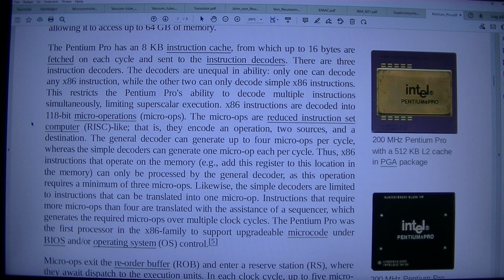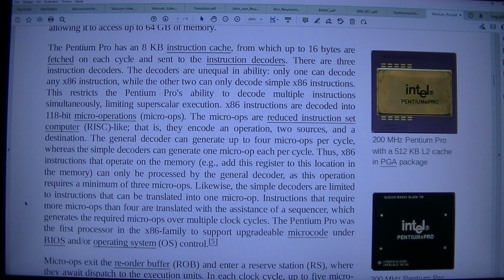Thus, x86 instructions that operate on memory, for example, add this register to this location in memory, can only be processed by the general decoder, as this operation requires a minimum of 3 micro-ops. Likewise, the simple decoders are limited to instructions that can be translated into 1 micro-op.